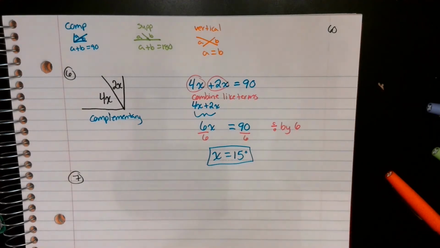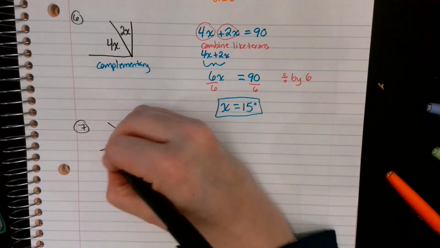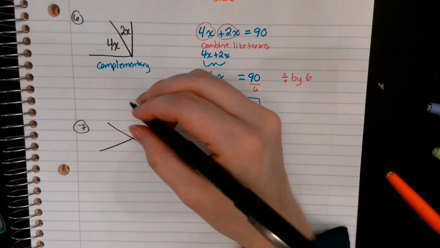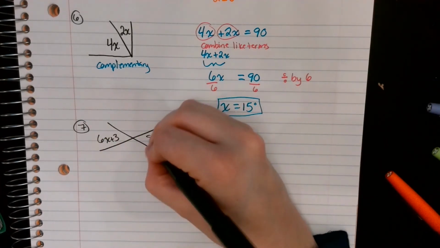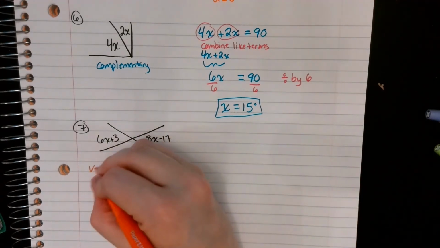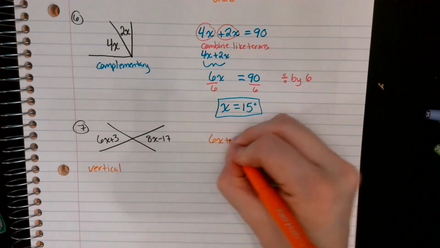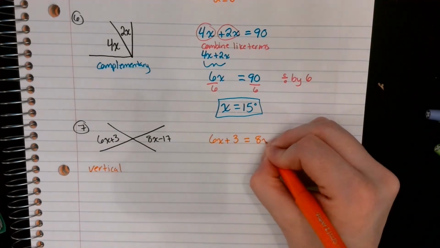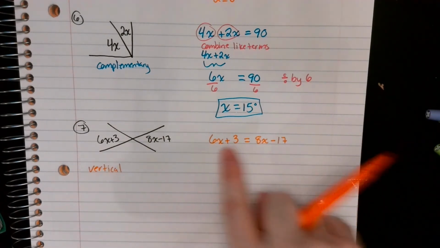Let's try problem 7. Okay, in this case, these are vertical angles. So that means that they are set equal to each other. And one of the things that you need to make note of is that when I'm setting them equal to each other, I have a variable on both sides of the equal sign.